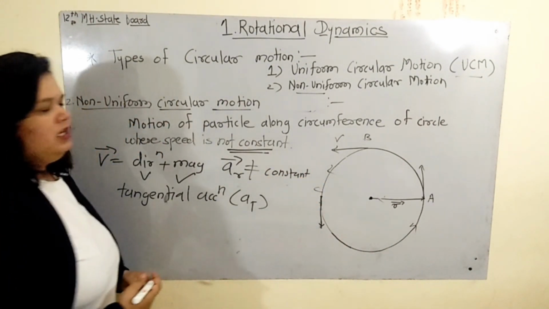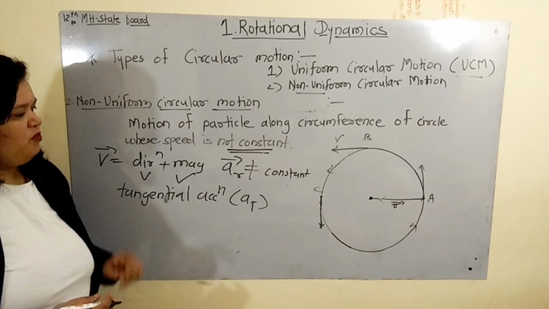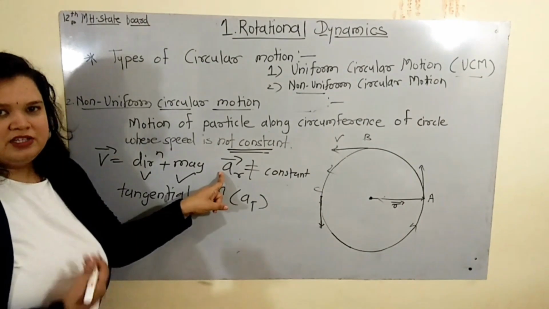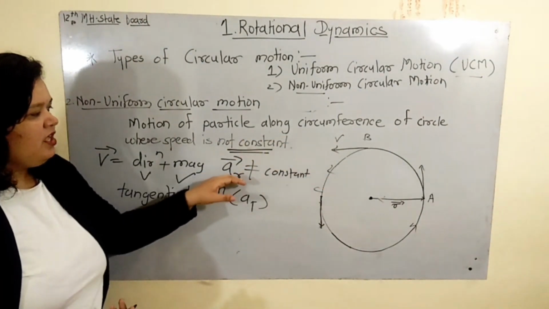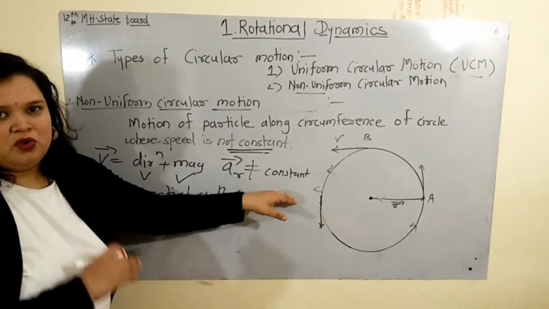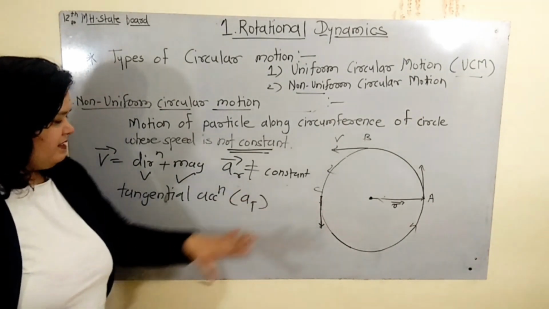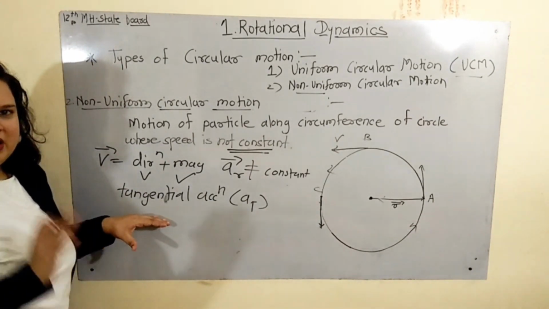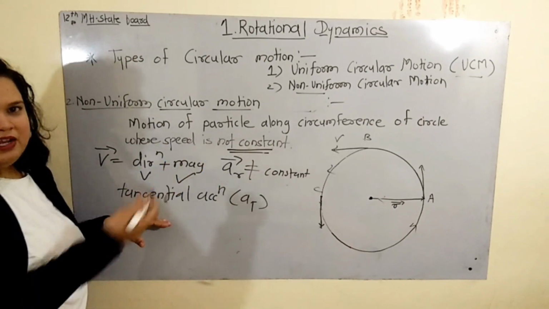If we take the difference between uniform circular motion and non-uniform circular motion, first thing is radial acceleration, which is responsible for tangential velocity, is not constant in non-uniform circular motion. In UCM it is constant. Second, in UCM there is only one kind of acceleration, that is radial acceleration.